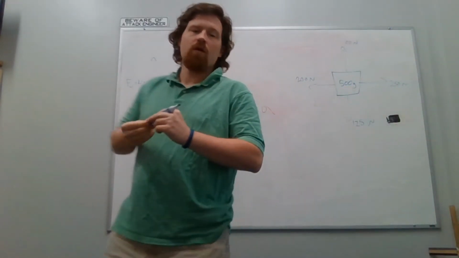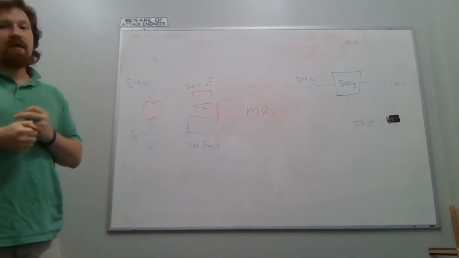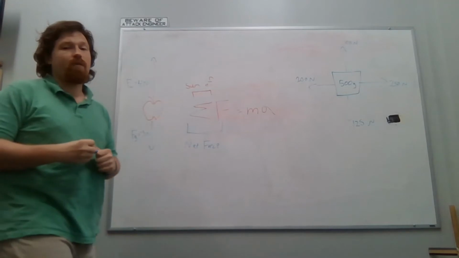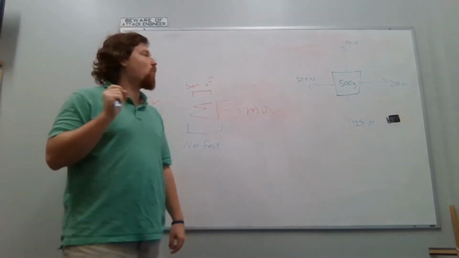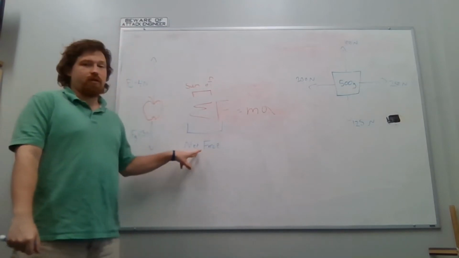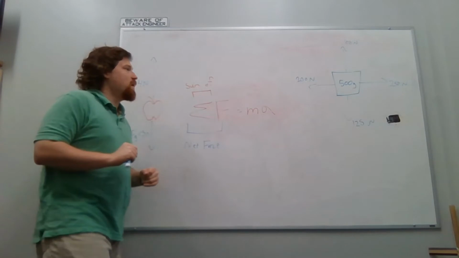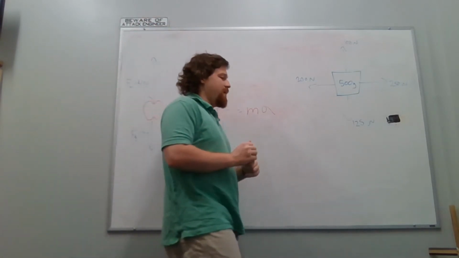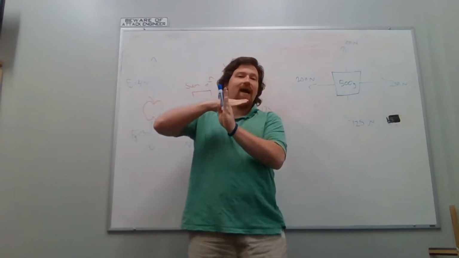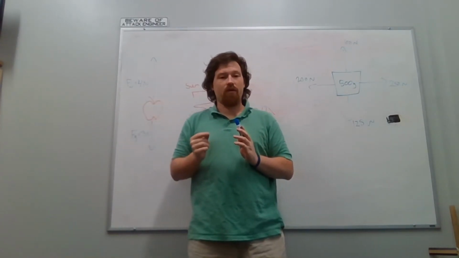So, what I would like us to find, to start with, just reading the question, what we want for part A is the total force on this box. We want to find the net force on this box. So we have to add up these forces. Now, as we discussed last time, the x and y axes exist completely separately from one another.